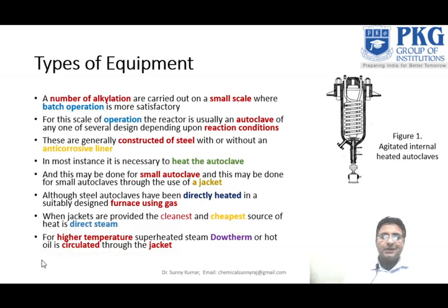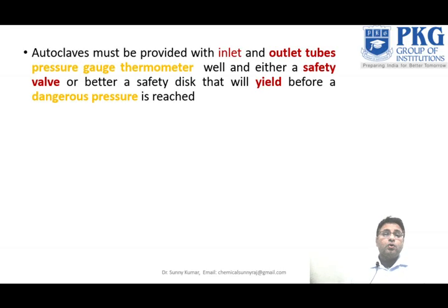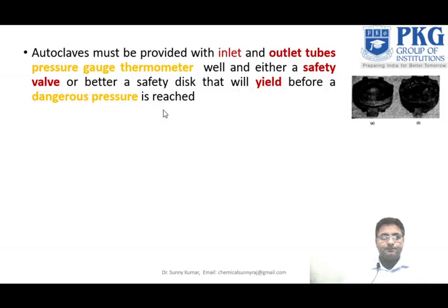So it acts as a heat exchanger, transferring heat to the reactor where the alkylation reaction generally happens. The autoclave must be provided with inlet and outlet tubes, pressure gauge, thermometer, valve, and either a safety valve or, better, a safety disc that will yield before a dangerous pressure is reached.